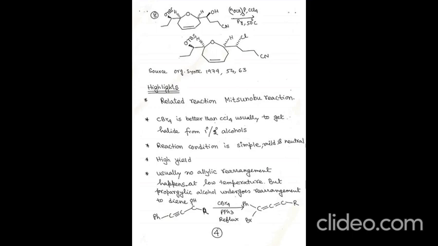This reaction condition is simple, mild and neutral, so it is very popular, and this reaction proceeds with high yield. And usually under the Appel reaction condition, if it is performed at low temperature, then allylic rearrangement does not happen, but under reflux condition, if there is a suitable environment, then it may undergo some rearrangement in order to get the corresponding alkyl halide.